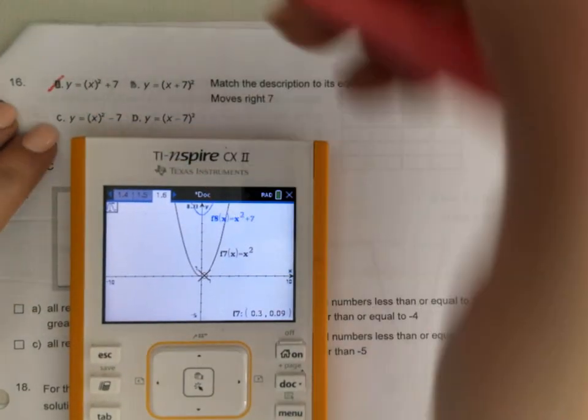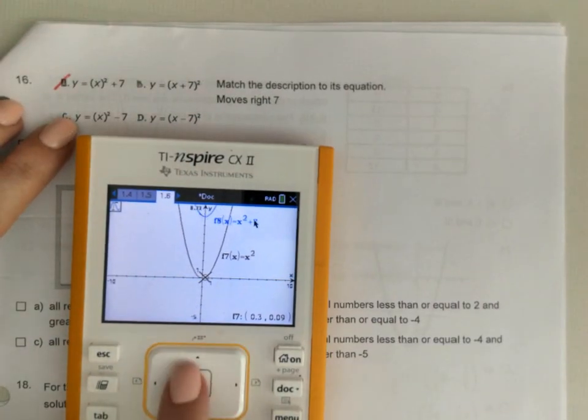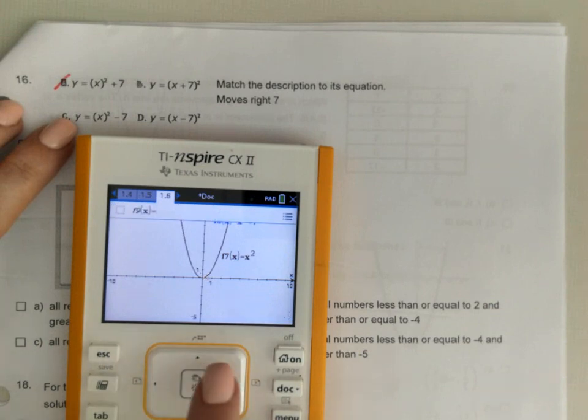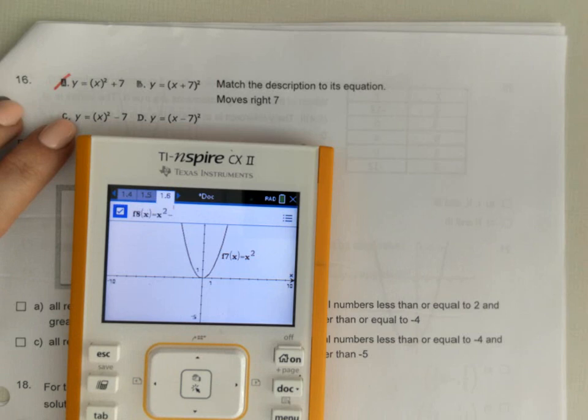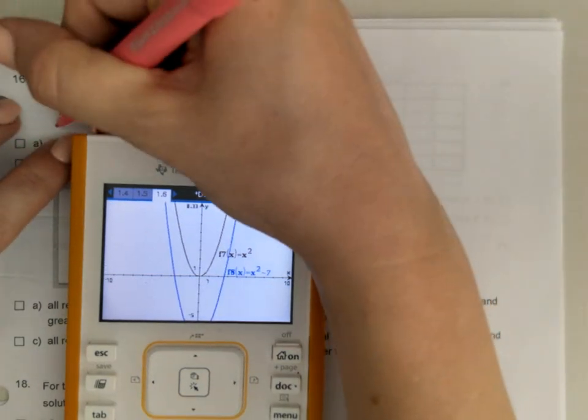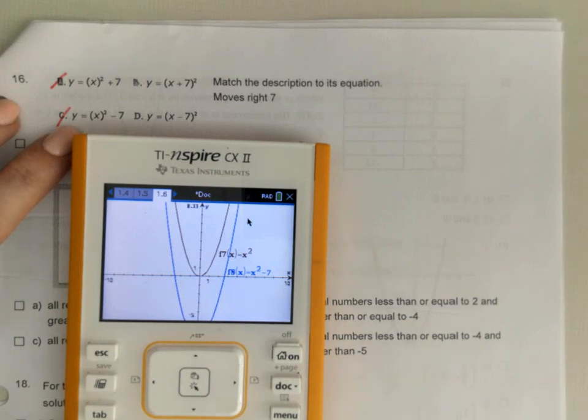So it's not A. All right, so let's change it to -7. Now it goes down 7, so it's not C. Let's do parentheses, x plus 7, close parentheses squared.